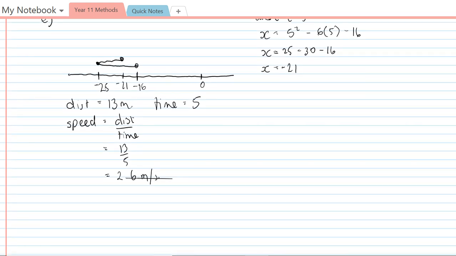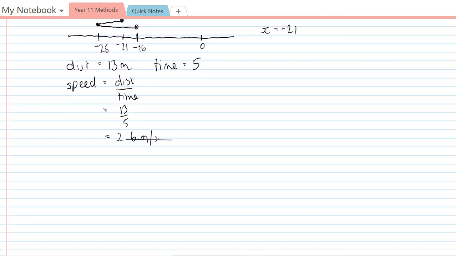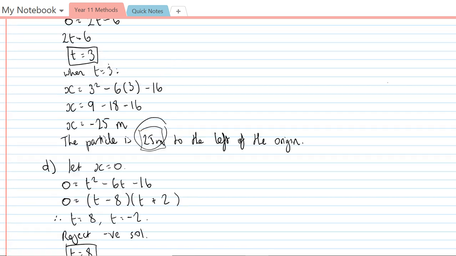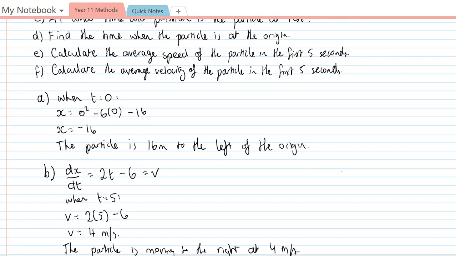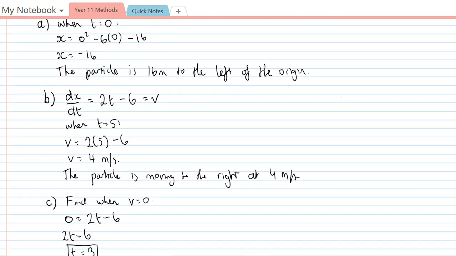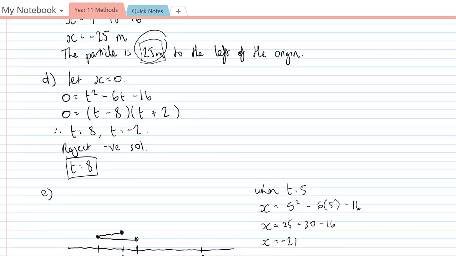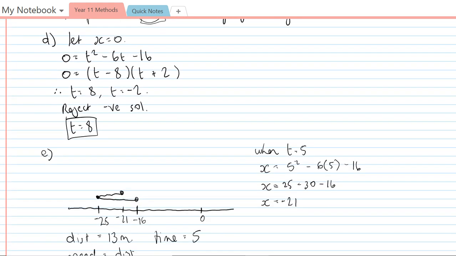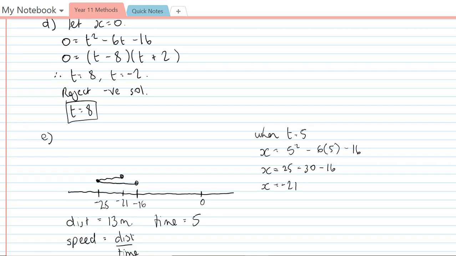Now, the velocity, on the other hand, for part F, the question again this time says calculate the average velocity. So essentially what I want to know is what the velocity is for me to go from negative 16 to negative 21, because that's been the overall change.